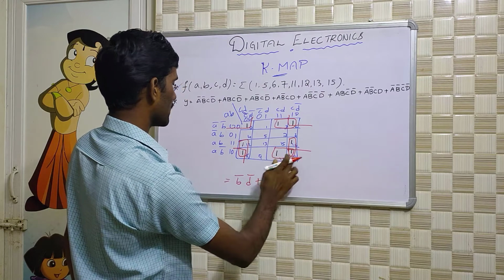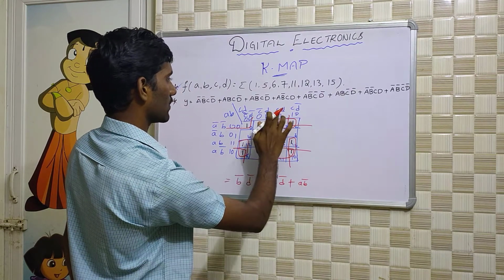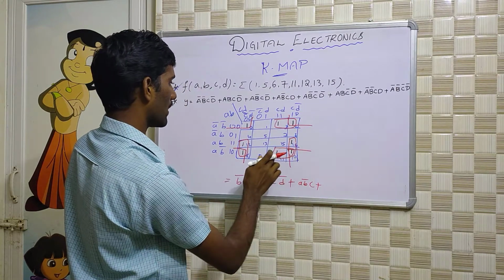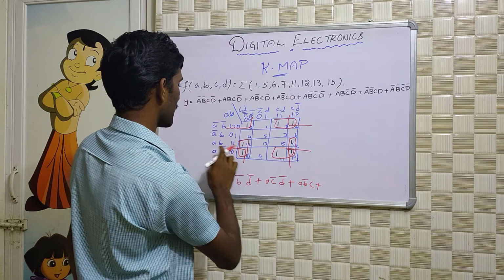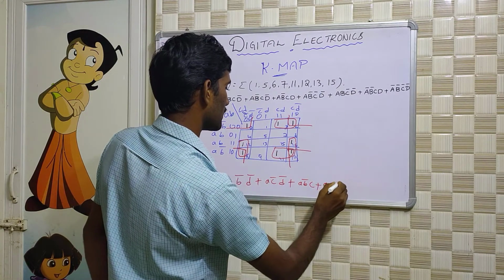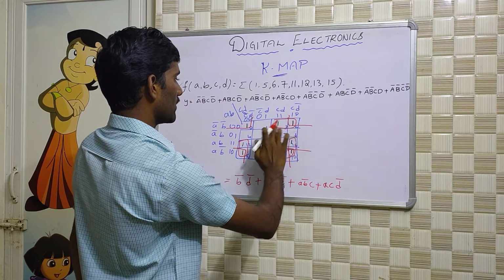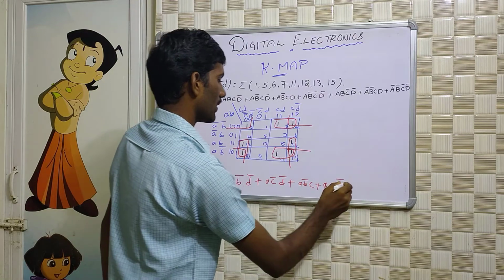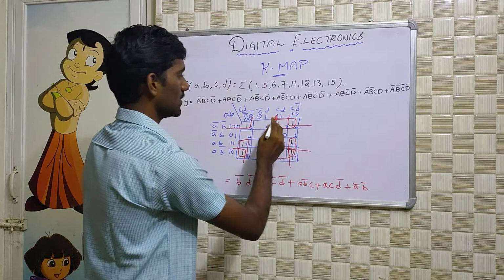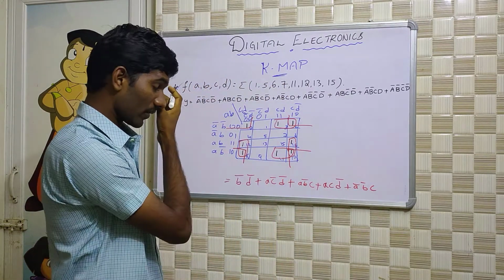Plus, these two we have A B bar as common, next C. From these two we have A as common, next C D bar. These two we have A bar B bar as common, next one is C. So this is the answer for this question.